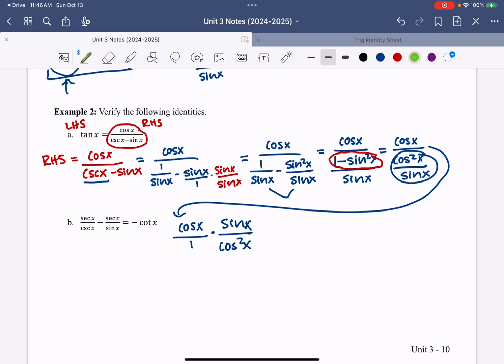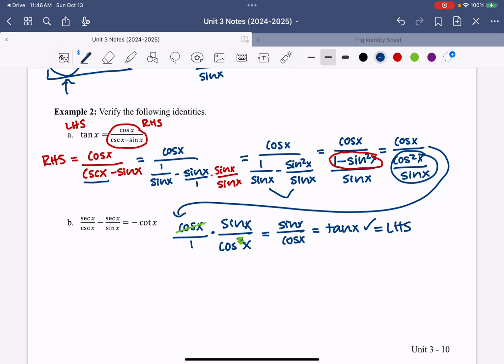Okay. Now from here, I see that I have a couple different factors of cosine. So I have one factor of cosine in the numerator. I have 2 in the denominator, so I can go ahead and reduce that by 1. So that's going to leave me with sine x over cosine x, which we do know is equal to tangent of x. So this was equal to our left-hand side, so I know that we are done.